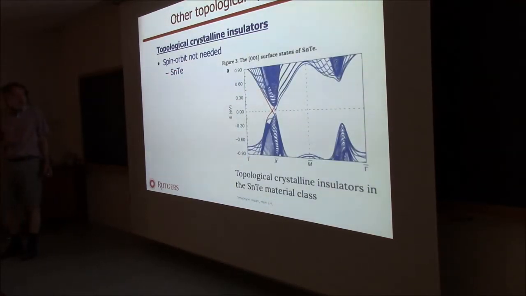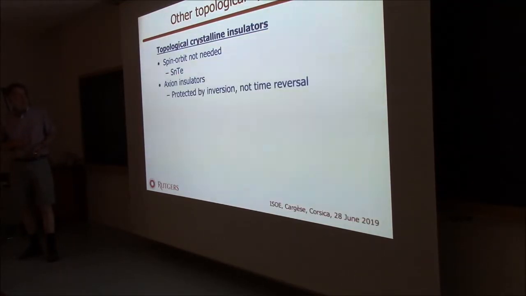In this case, basically there's a two-dimensional subplane in the Brillouin zone where the Chern number is 1 and another one where it is 0, and these are mirror planes. Staying within the symmetry group, you can't change that. And you don't need spin-orbit coupling to define the topological crystalline insulators necessarily.